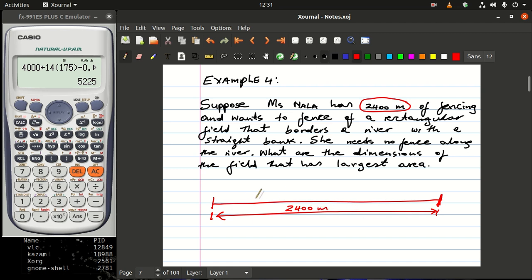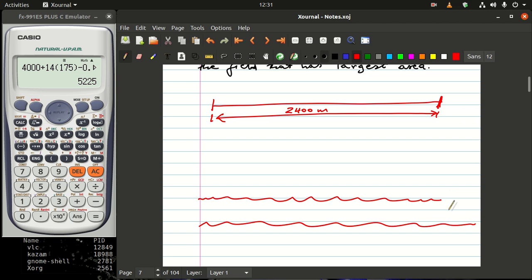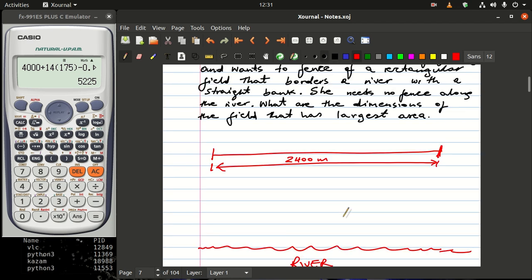She has that, and she wants to fence. We have a river here, this side is the river, and she wants to create a rectangular shape.